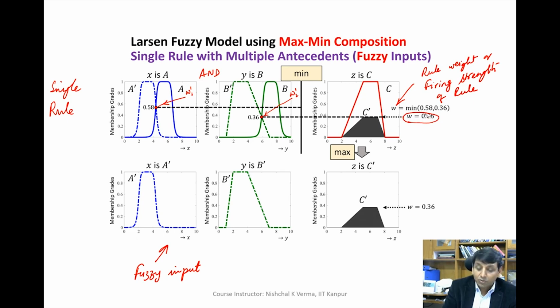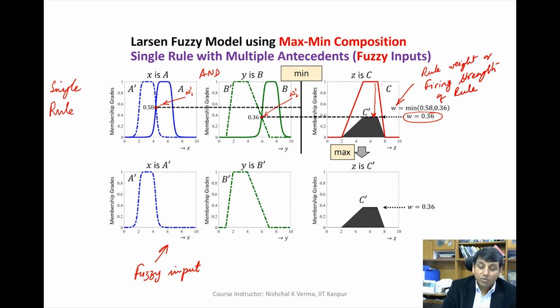0.36. Now we'll use this to scale down the height of the fuzzy set C. So output fuzzy set is C. So we'll bring this down to here to this value 0.36. So let me repeat here that the height of the fuzzy set we will bring down to the 0.36, and we know how we got this value.